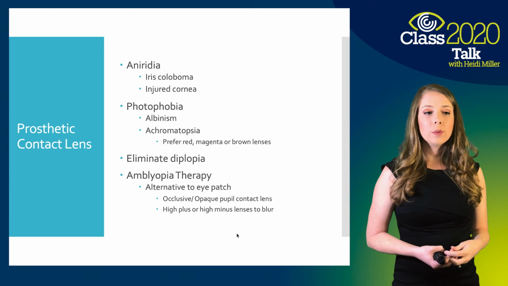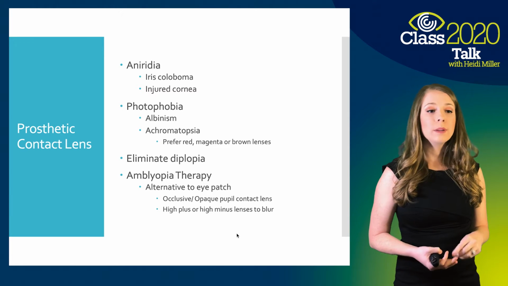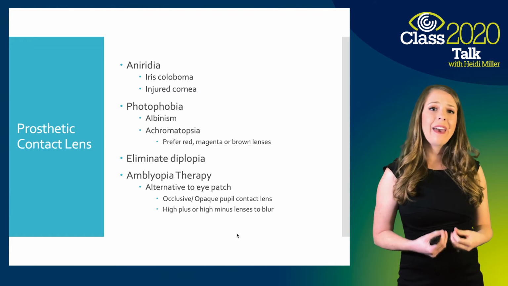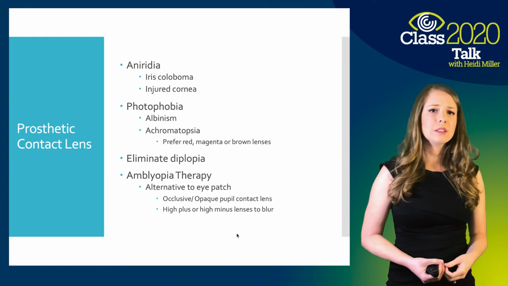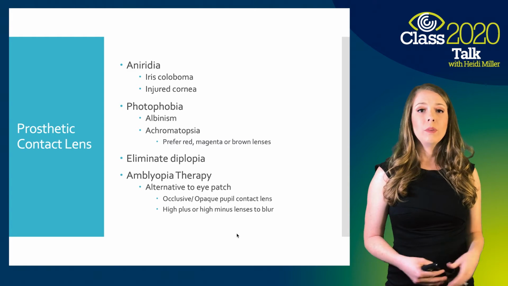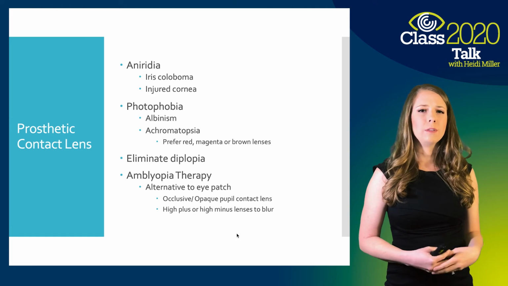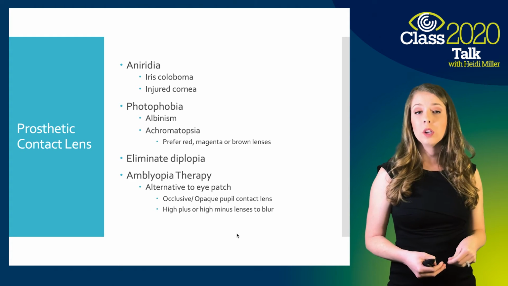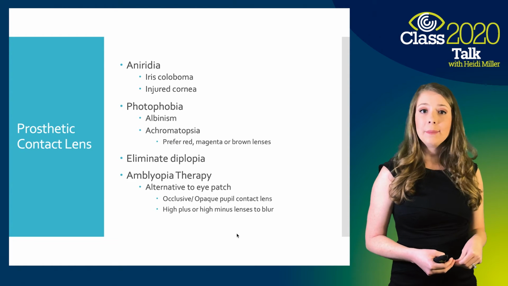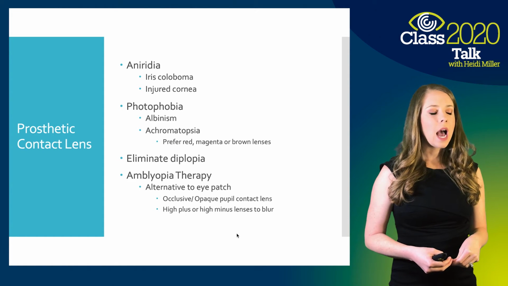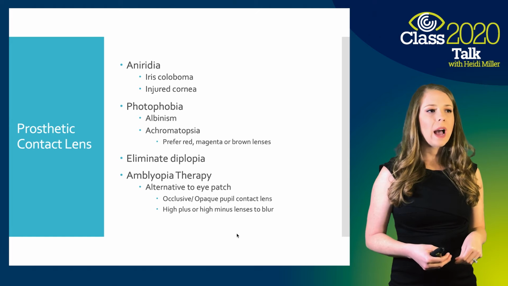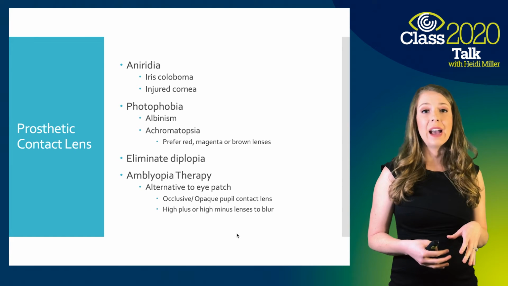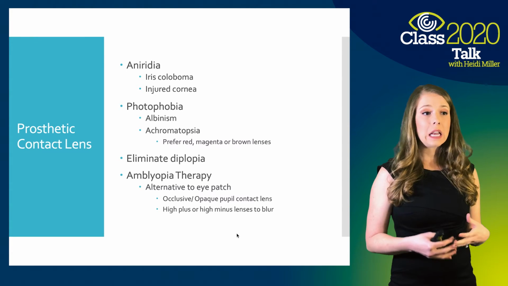And with achromatopsia, they prefer red, magentas, brown lenses that dampen the light stimulus to their eye. It helps dampen kind of the degree of photophobia that they're experiencing. Also, prosthetic lenses could be a great option for eliminating diplopia. And just as a patient example, I have about 3 patients that have had different nerve palsies that did not fully resolve.